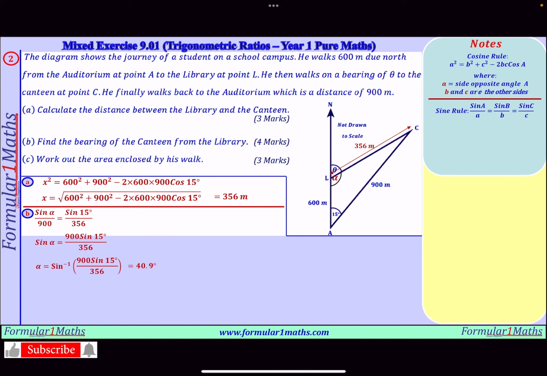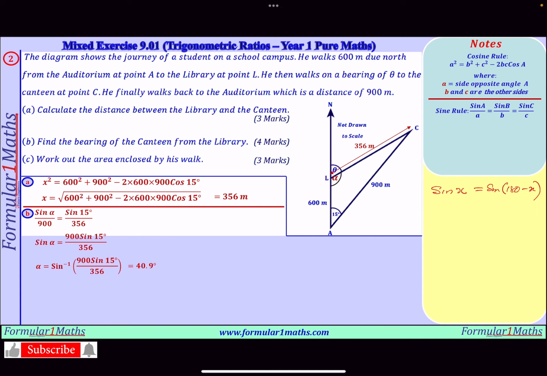But it looks like we have a problem here, because you can clearly see by the dimensions of this triangle. This is 600, this is 356, and this is 900. This angle is clearly obtuse, but the angle we've got is acute. And this is because sine of an acute angle x is also equal to sine of the obtuse angle 180 minus x.